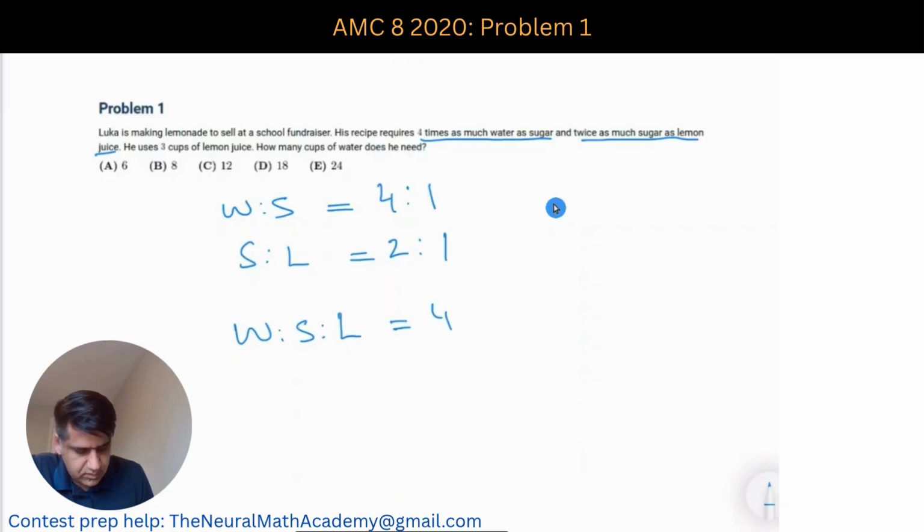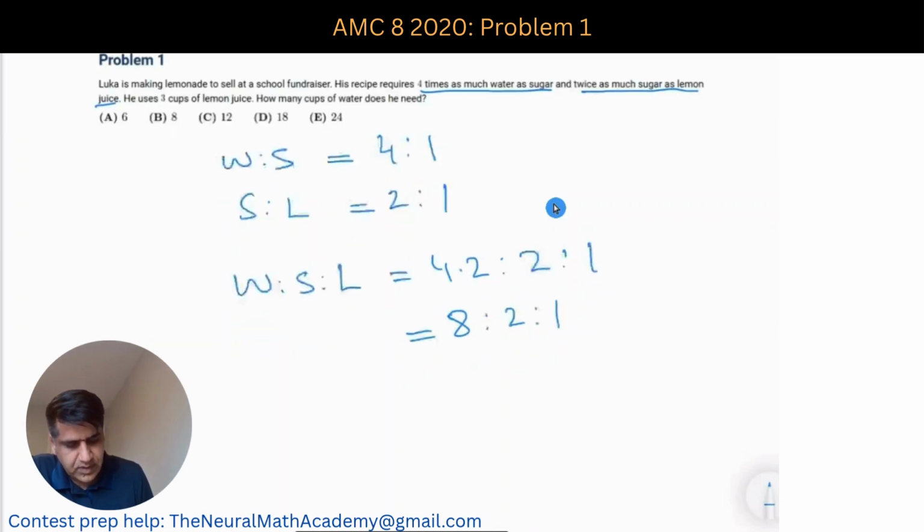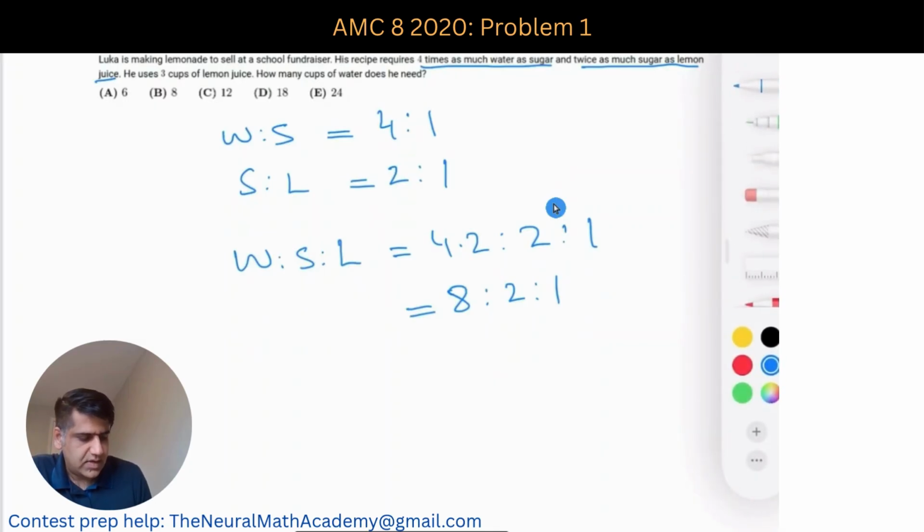So we will then write 4 times 2, which is 8 to 2 to 1. Now we have to answer that he uses 3 cups of lemon juice. How many cups of water does he need?